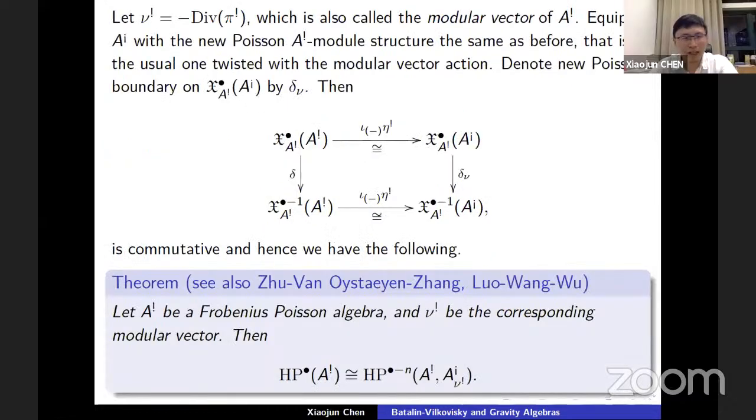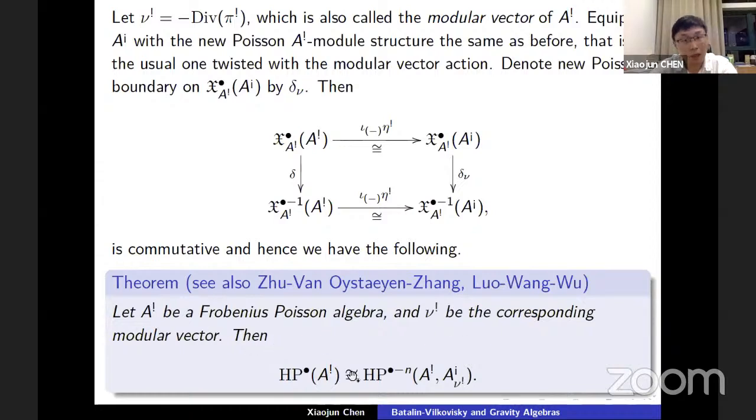So now you see again we have this commutative diagram. We just need to twist the differential on the right hand side by this modular vector. Suppose A is a Frobenius Poisson algebra, and let nu be the corresponding modular vector.